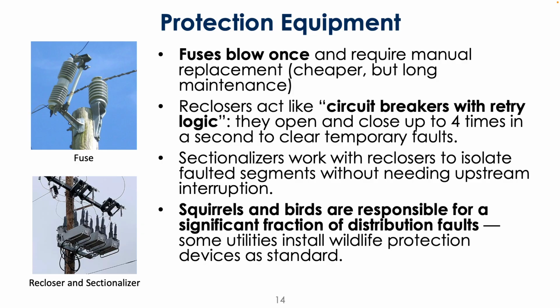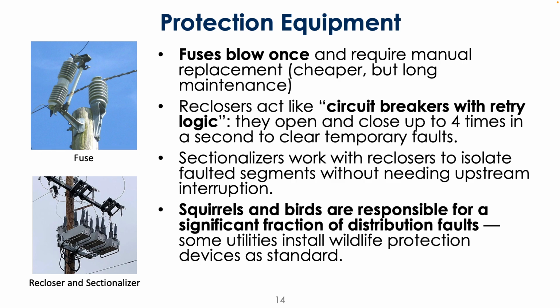If you have an outage and it goes out, comes back on, and goes out again, it's probably a recloser. If there's a fault, it waits and tries again. If there's still a fault, it opens back up. You'll see the power in your house or apartment come on, go off, something like that.